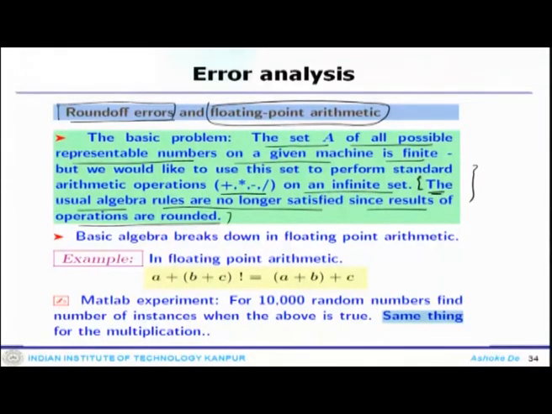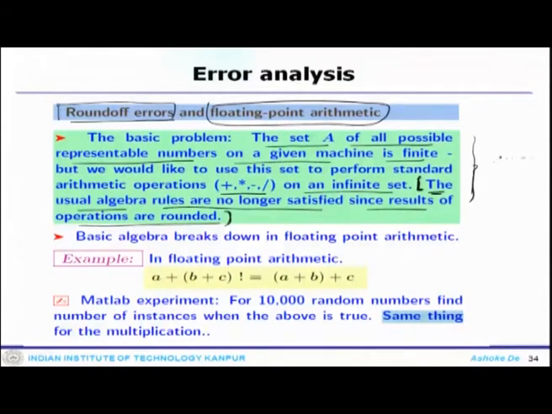So, this is where the problem comes, and while talking about different kinds of errors under the discussion of numerical schemes, we have also discussed this round off error, and at that time we said the round off error appears because of the rounding of the numbers after the decimal points.